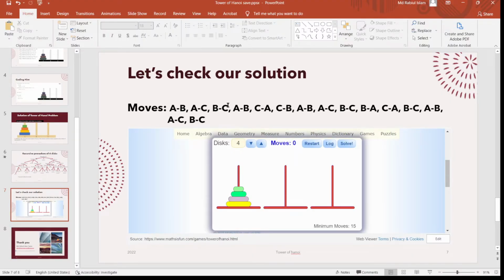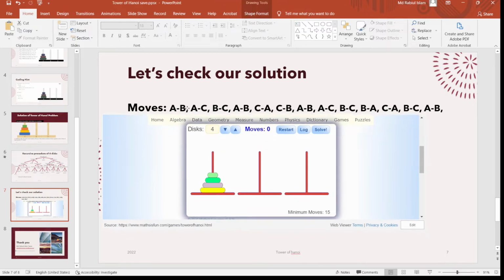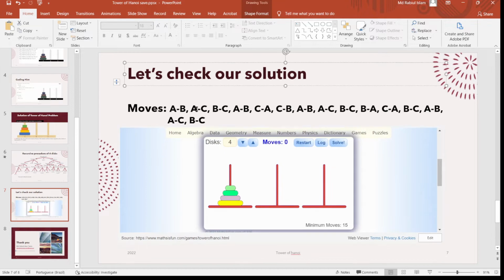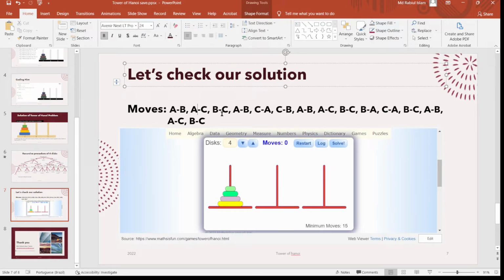So let's check our solution, whether it is wrong or right, with the live game. Here the moves are given: A to B, A to C, B to C, A to B, and so on.